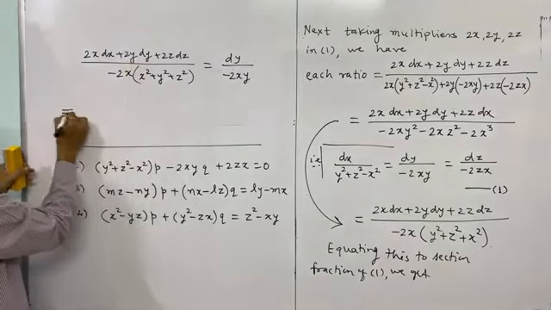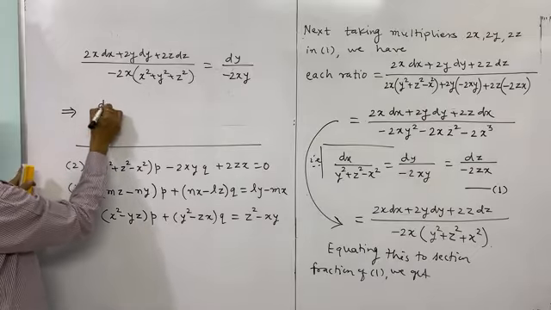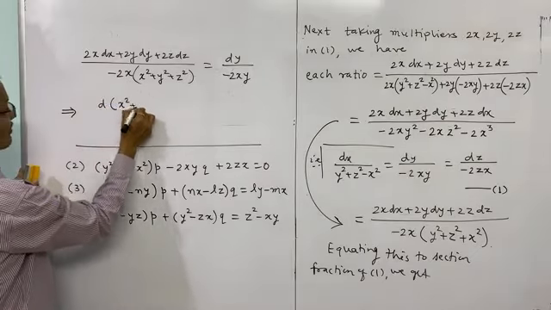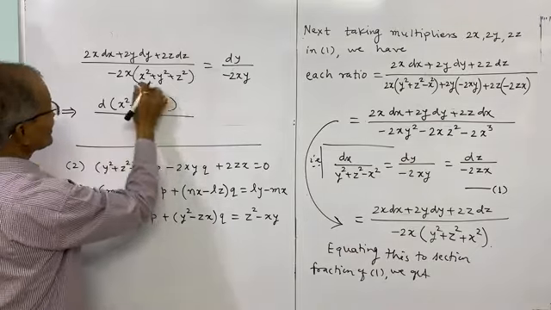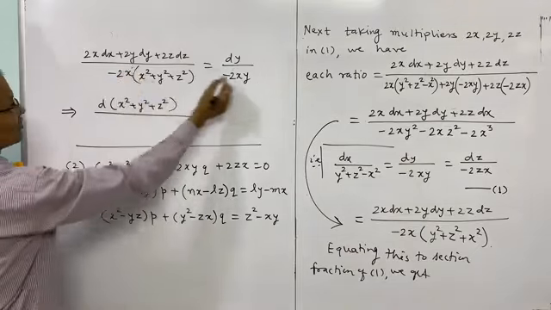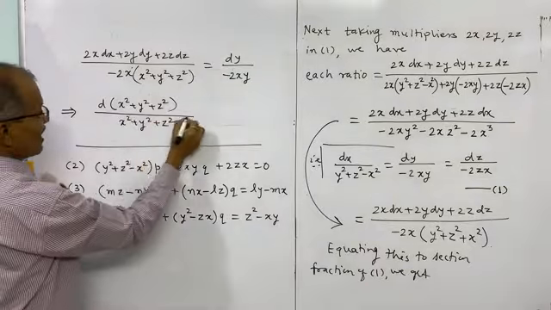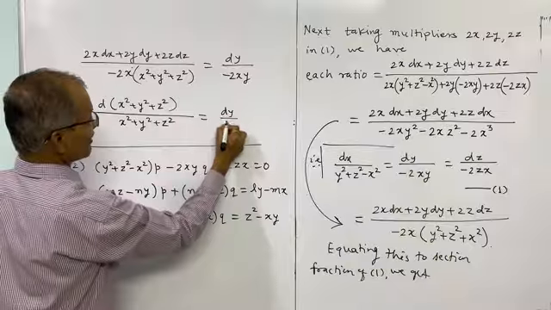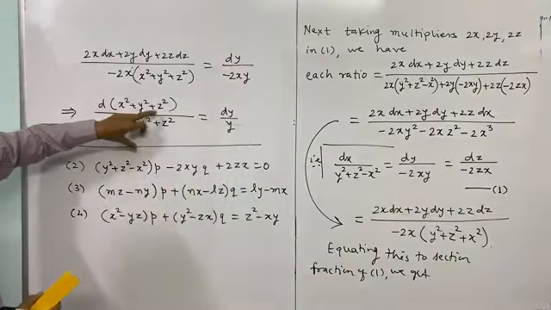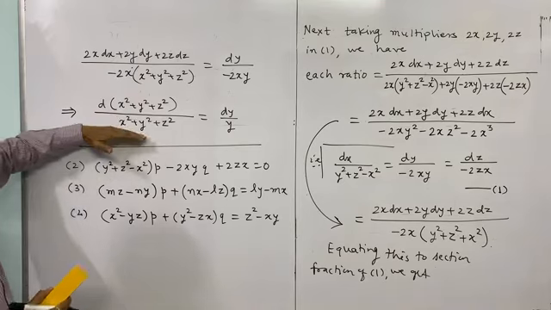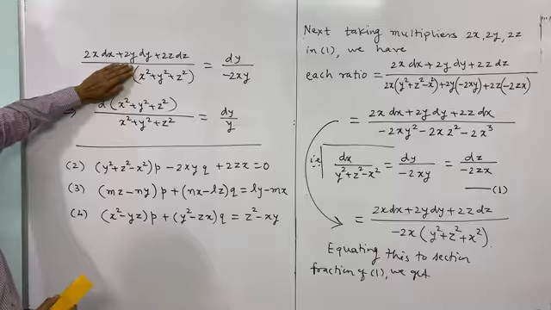But this implies the numerator is actually d of x square plus y square plus z square, the differential, and the denominator remains after cancelling this 2x, x square plus y square plus z square, and is equal to dy divided by y. Both we have written in the form of the total differential of x square plus y square plus z square, because the derivative of the denominator is at the numerator after cancelling 2x.